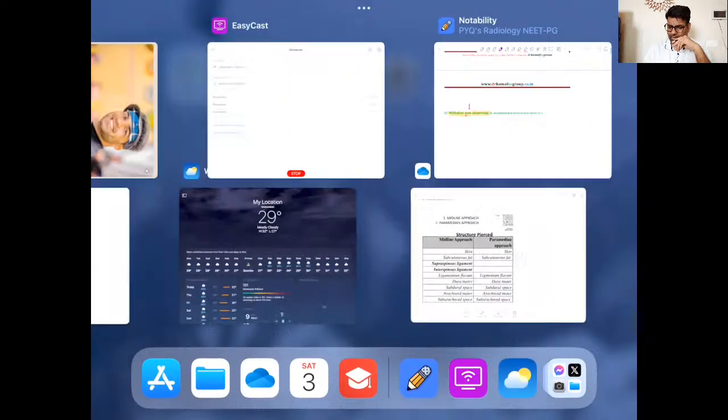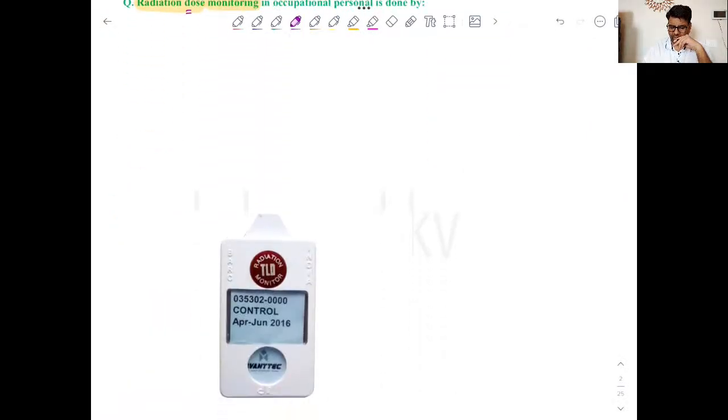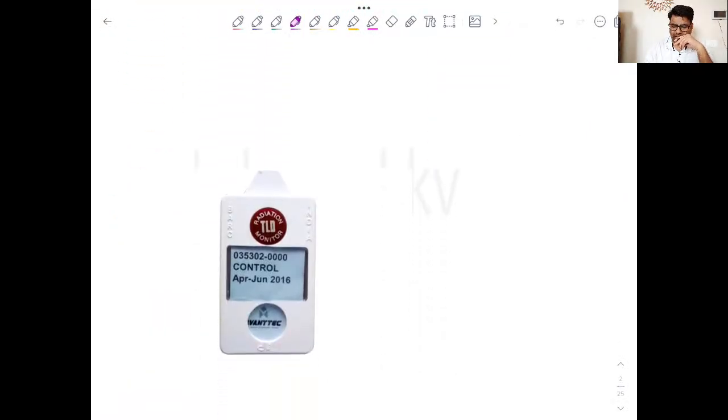And if you see here, this is that device, and this is known as thermoluminescence dosimetry, okay? Clear? And in short, yes KK, this is TLD.